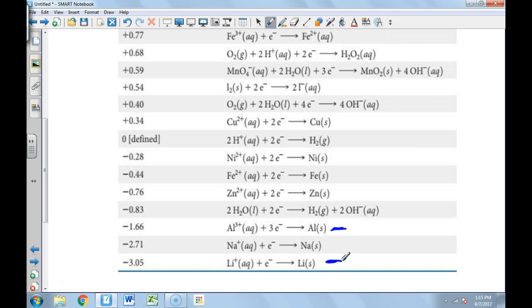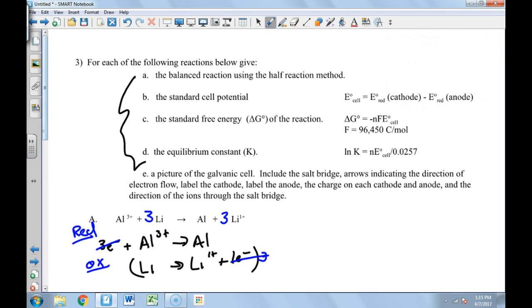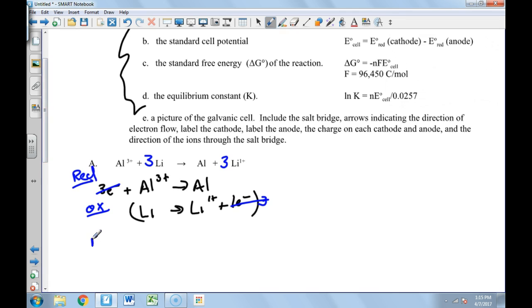And there's lithium. Okay, and notice when we solve this, the cell potential equals the reduction potential at the cathode minus the reduction potential at the anode.